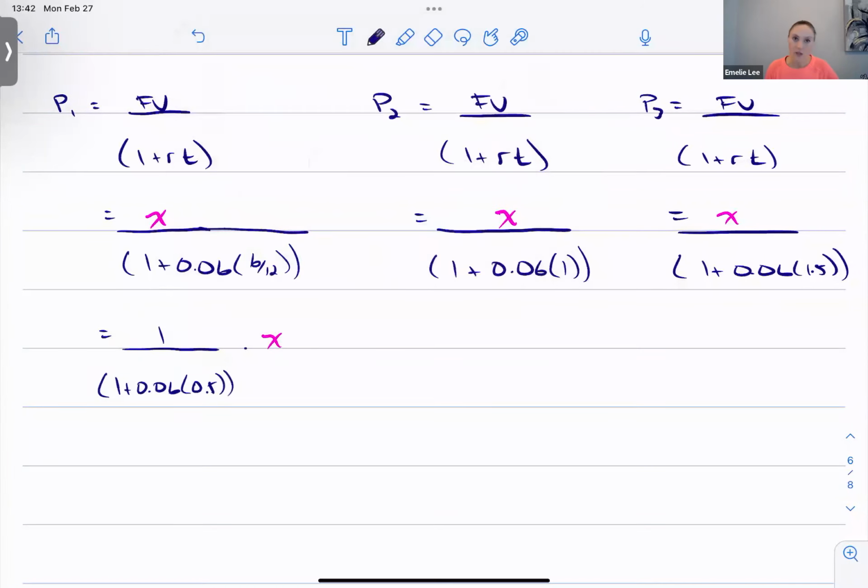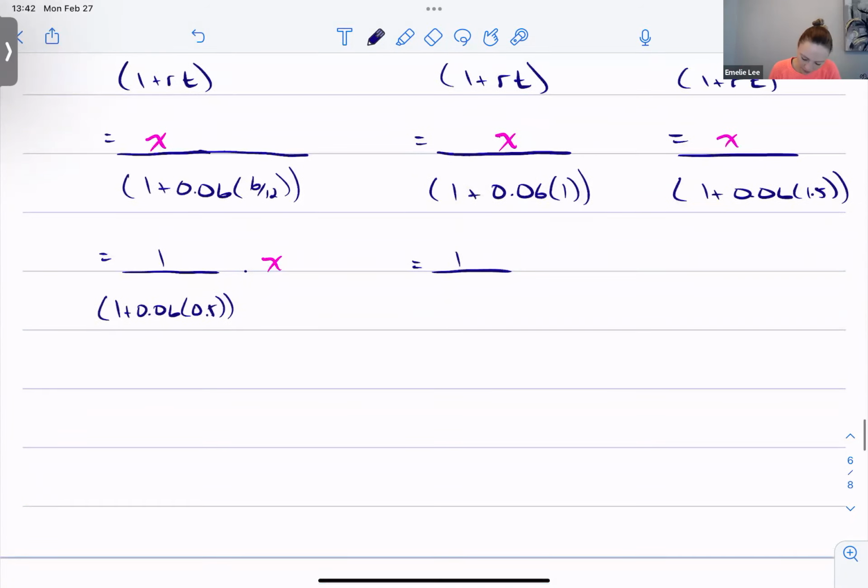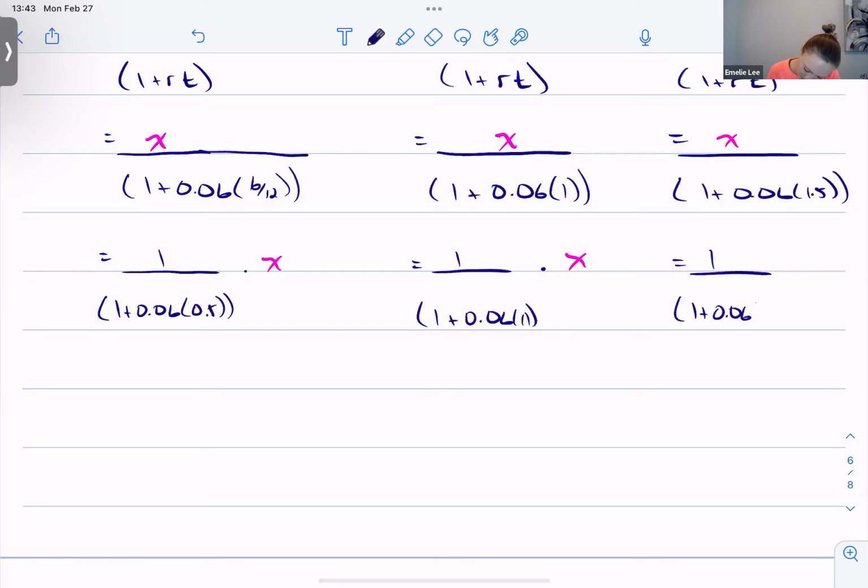Okay. So this is the trick in action. It's not a trick, it's just math. 1 over 1 plus 0.06 times 1 times X. And this becomes 1 over 1 plus 0.06 times 1.5 times X. Okay.